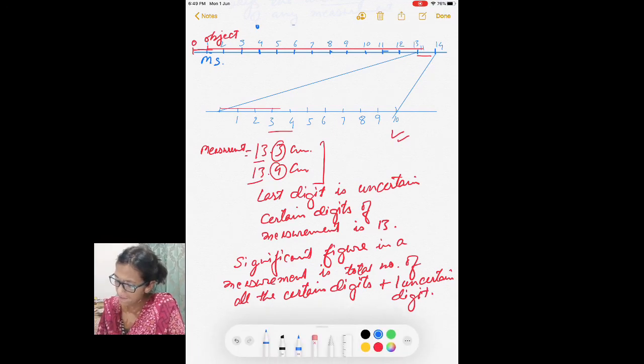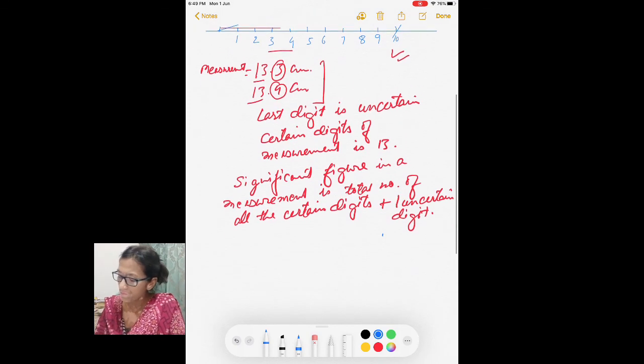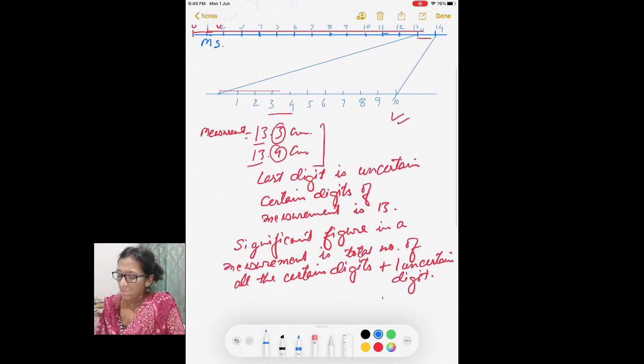Okay, let me change the color of pen. So here significant figure comes equal to 3.